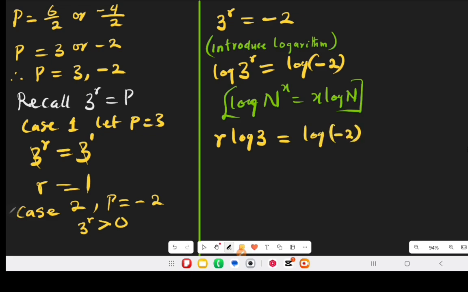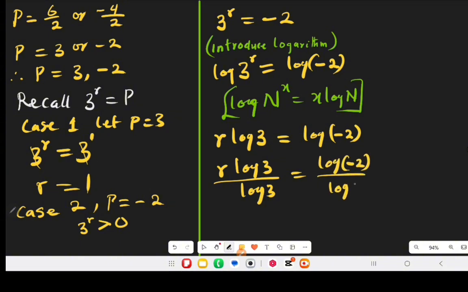To get r, we divide both sides by the coefficient of r, which is log of 3. That is r log of 3 all over log of 3 equals log of minus 2 all over log of 3. We cancel log 3, left with r equal to log of minus 2 all over log of 3, which is a change of base.